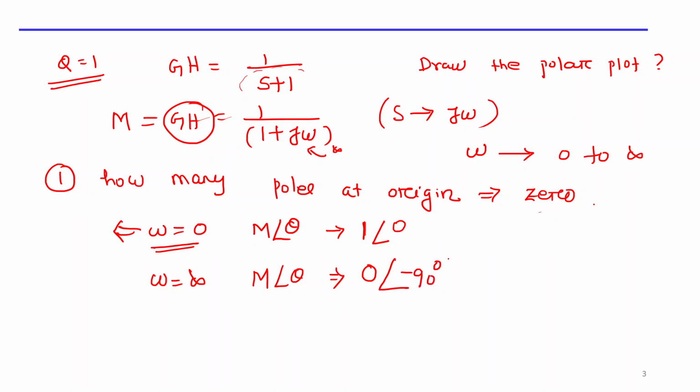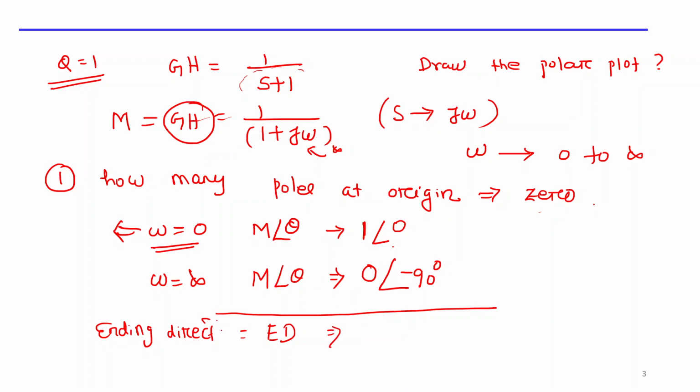Once you do that, there are two things you need to find out. One thing you have to find is the ending direction. Let me write it clearly: ending direction. The ending direction is nothing but the difference of these two angles: 0 degree minus of minus 90 degree.